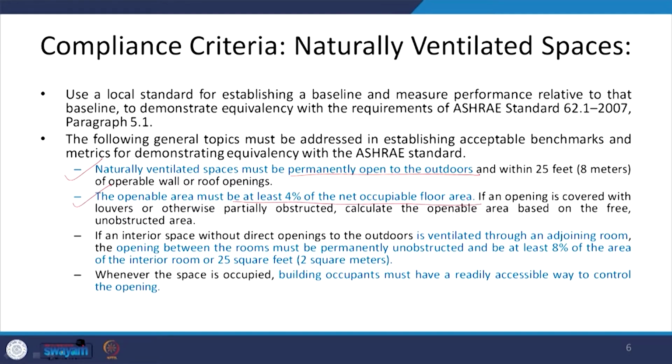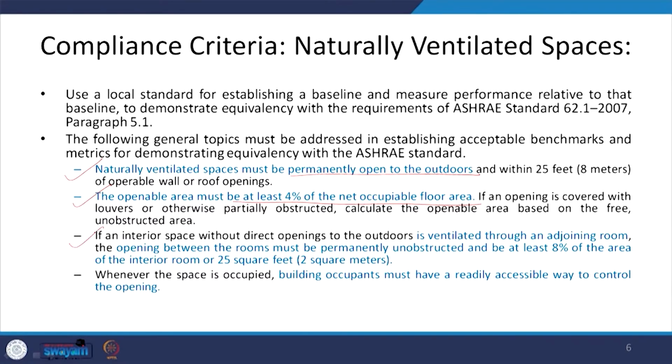We talk about fenestration openings to the outdoors which are ventilated through an adjoining room. So, it may not be directly opening onto the outside, but it may be ventilating through an adjoining area which is opening to the outdoors.